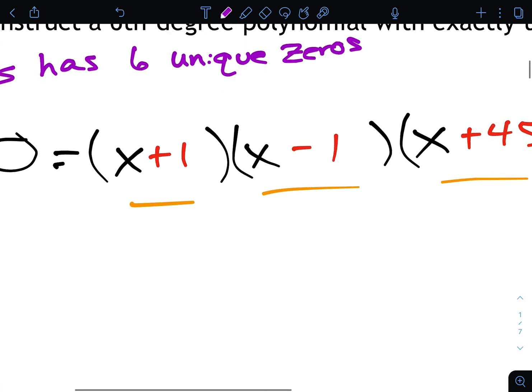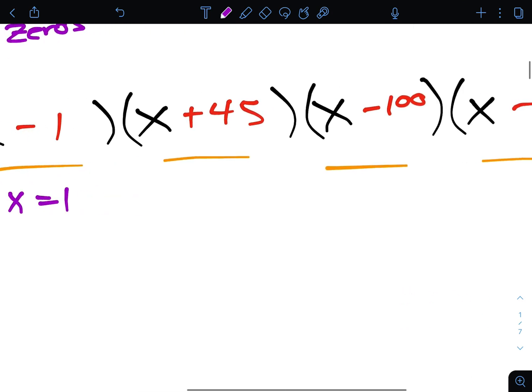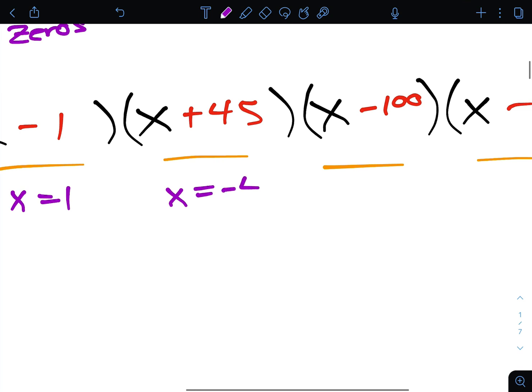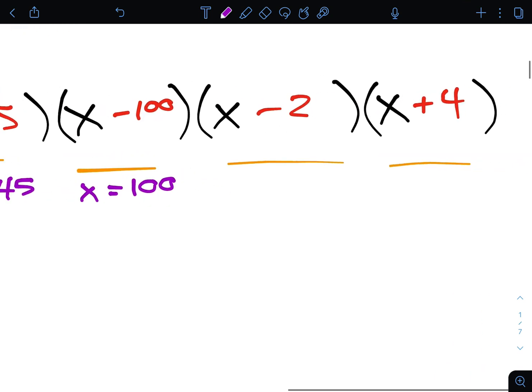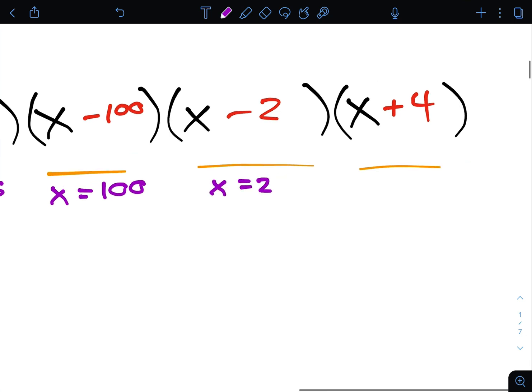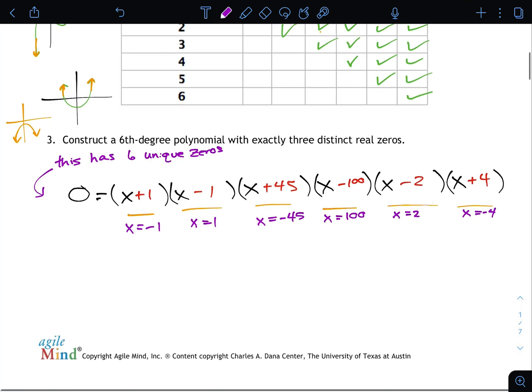If I were to solve this, I would get x equals -1, x equals 1, x equals -45, x equals 100, x equals 2, and x equals -4. So all of those would be zeros.